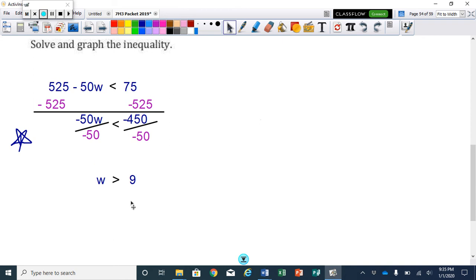So when we divide, we get W is greater than 9. Notice I flipped it.